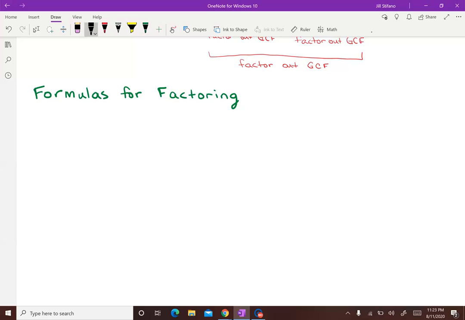So this will come up if you have something of the form a squared plus 2ab plus b squared. And the formula to factor this is just the binomial a plus b squared. Again, this is called a perfect square trinomial because we can factor it as the square of a binomial.